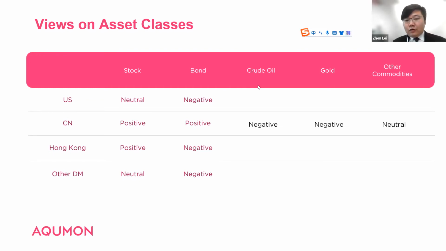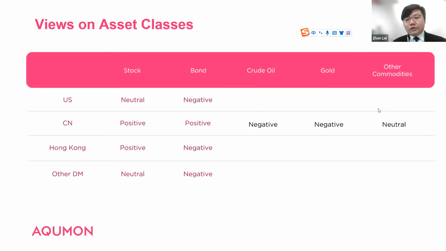And for crude oil, as we see there will be interest rate hikes in 2022, the dollar can be strong in 2022, and we think there may be risks for energy prices, and also for gold prices.